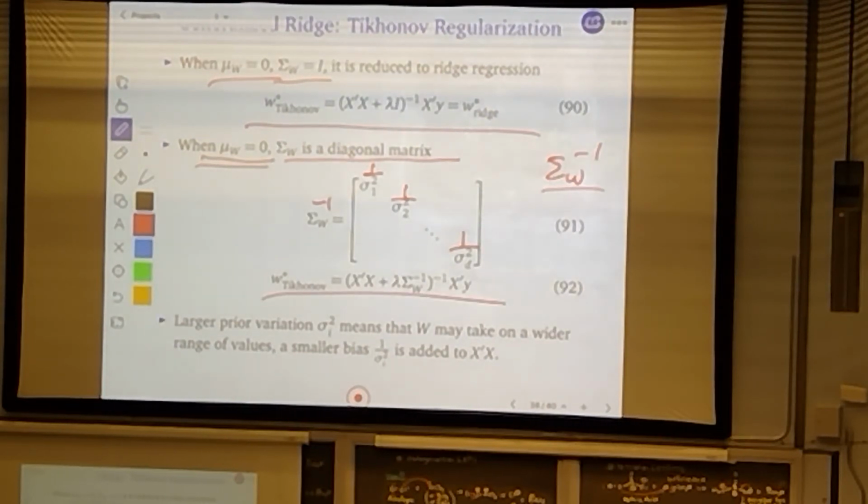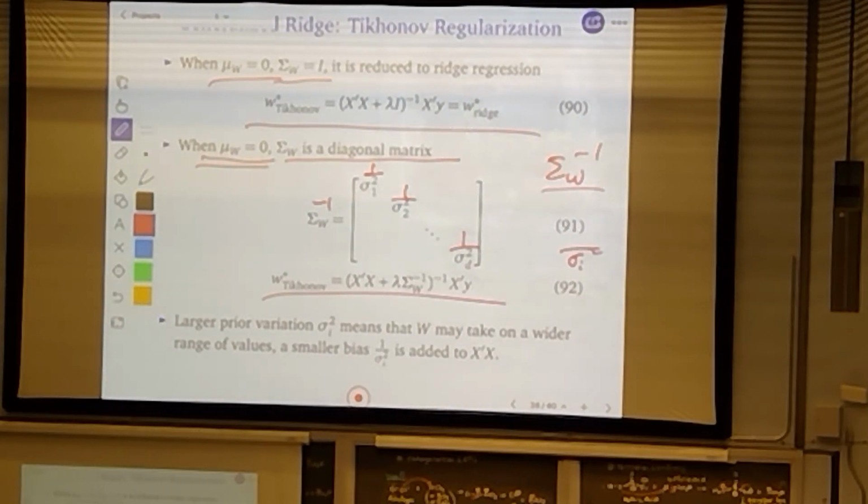The Tikhonov solution essentially says, if I believe one of the parameters has a very large sigma, very large variance, meaning I'm uncertain, I'm not committed. For example, in the data, I think the slope could take a wider range of values, so I'm not committed to it.